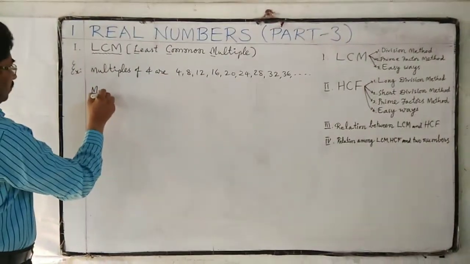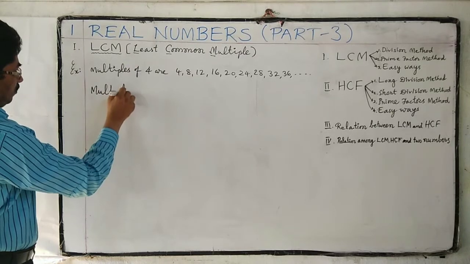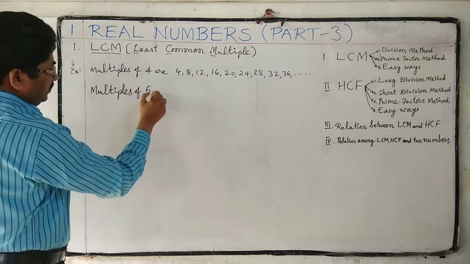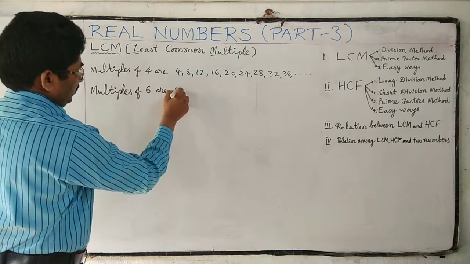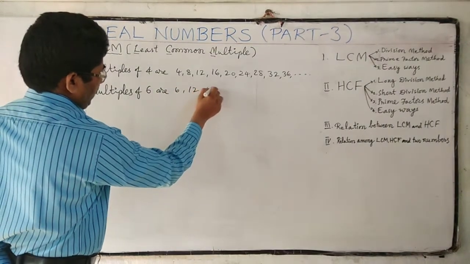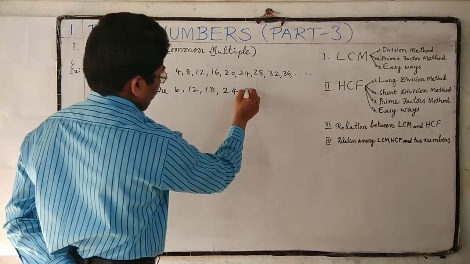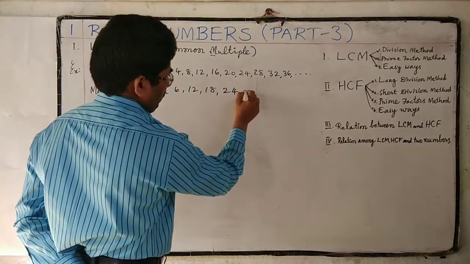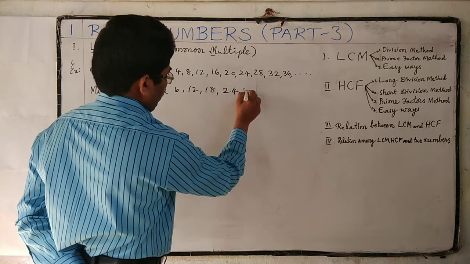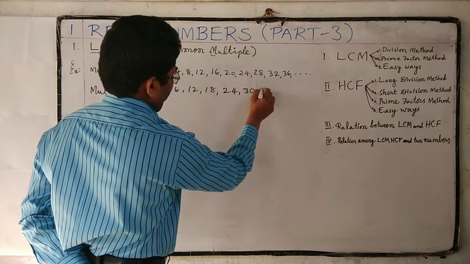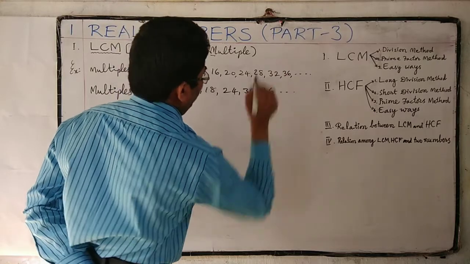Multiples of 6 are 6, 12, 18, 24, 30, 36 and so on.